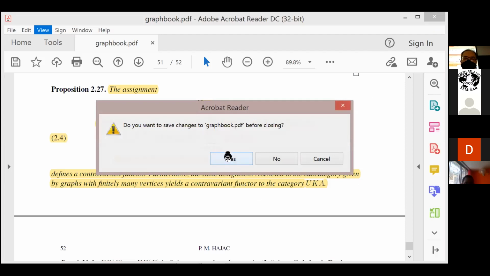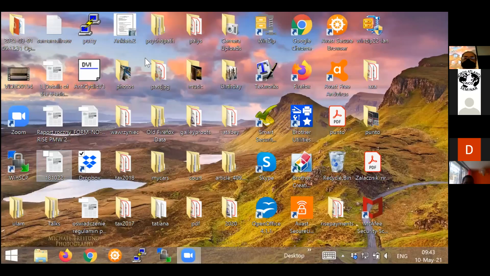So I suppose I kill it, and I stop sharing, and I start sharing. But now it's the whiteboard. As usual, we have to tidy up the Zoom because you have all these Zoom controls that cover your whiteboard, and this is not nice.